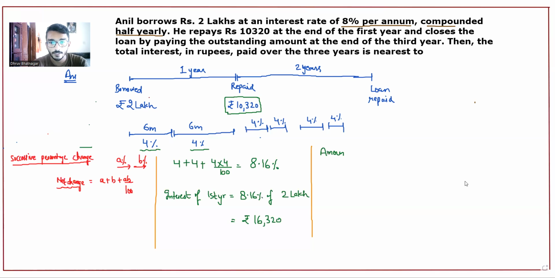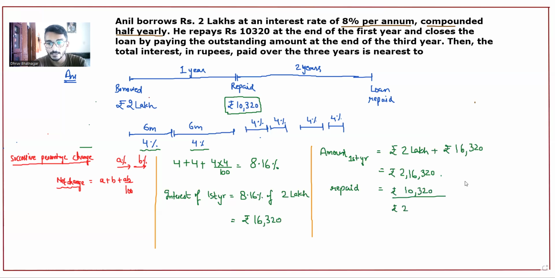So the amount would be how much? Amount equals principal plus interest. So it is 2,16,320 that we calculated earlier with the help of the formula. He repaid 10,320. So he will be left with 2,06,000.